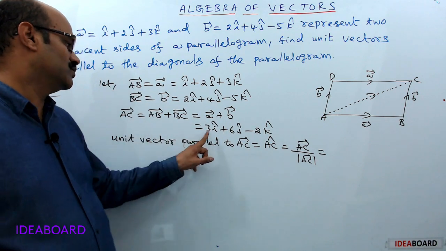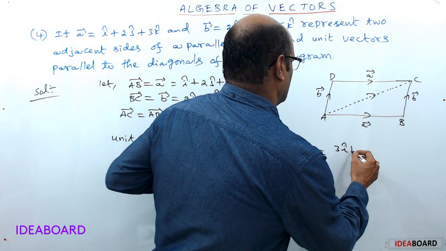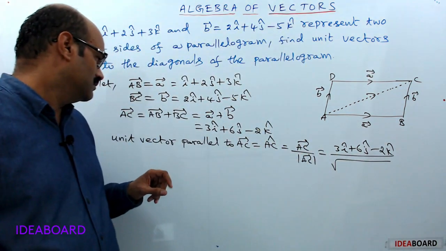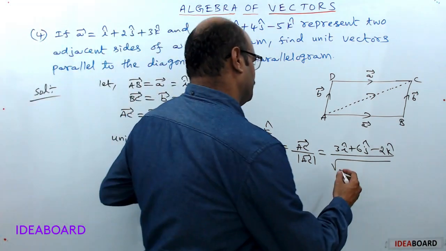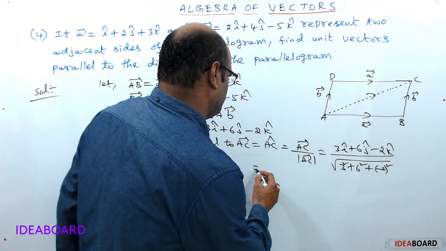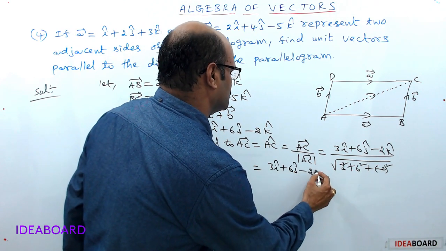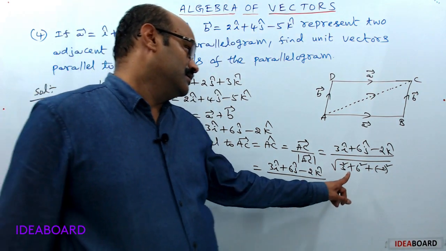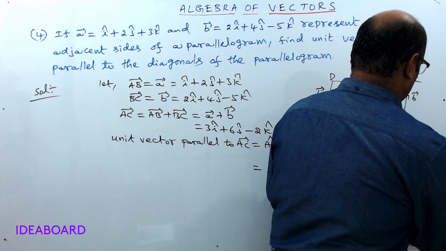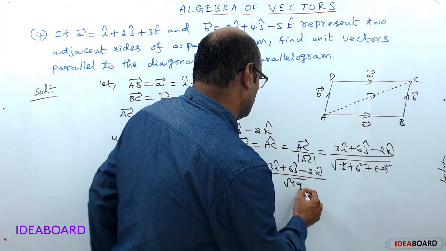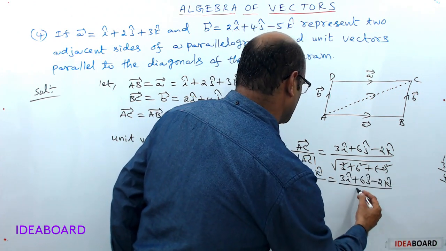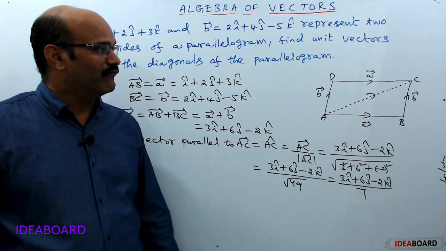Here we have AC vector equal to 3i cap plus 6 into j cap minus 2k cap upon square root of magnitude of AC vector, square root of 3 square plus 6 square plus minus 2 whole square, equal to 3i cap plus 6 into j cap minus 2 into k cap upon square root of 9 plus 36 plus 4, so equal to square root of 49, so equal to 3i cap plus 6 into j cap minus 2k cap upon 7. Now here we have to find one more diagonal here.